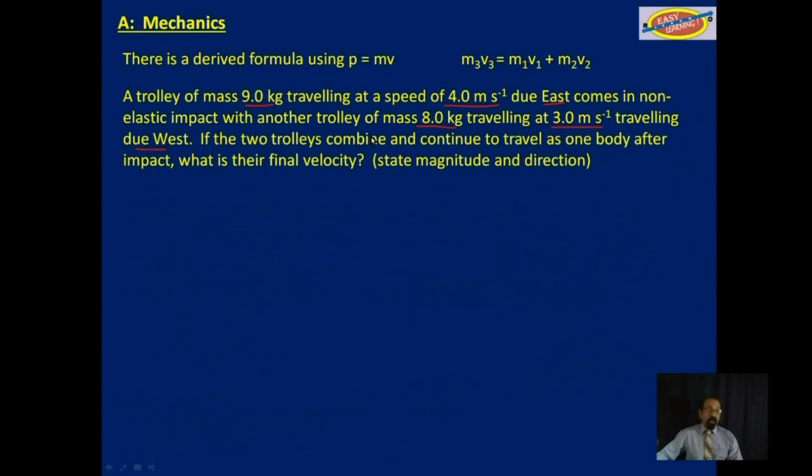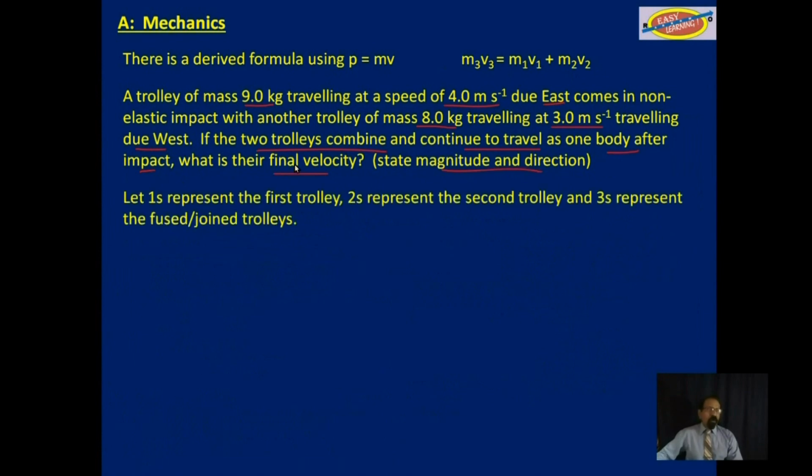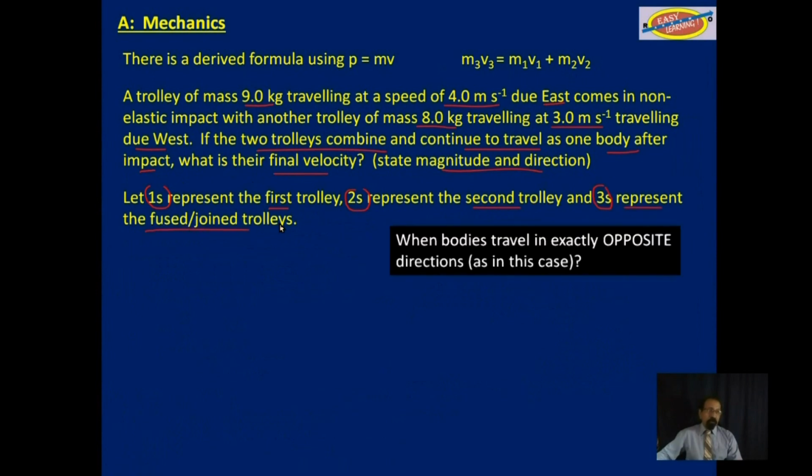If the two trolleys combine and continue to travel as one body after impact, what is their final velocity? State magnitude and direction. So we will let the ones represent the first trolley, the twos represent the second trolley, and the threes represent the combined or fused trolleys.